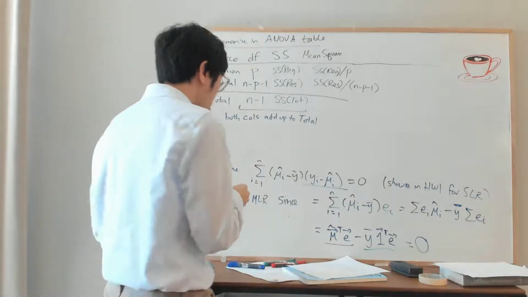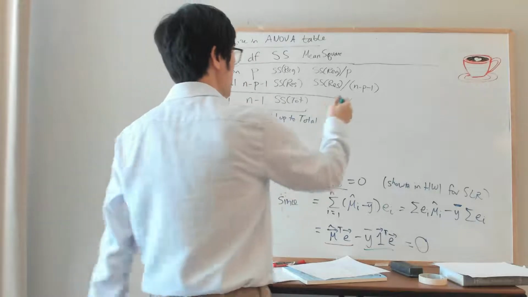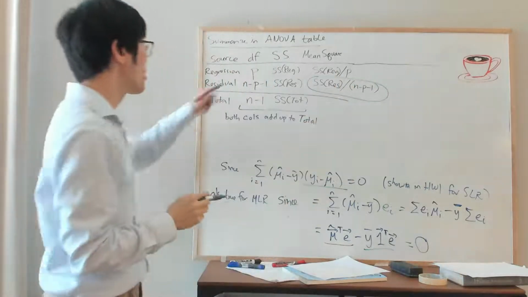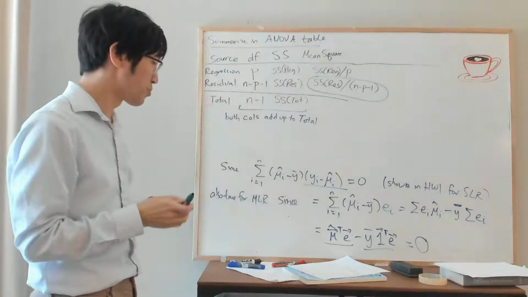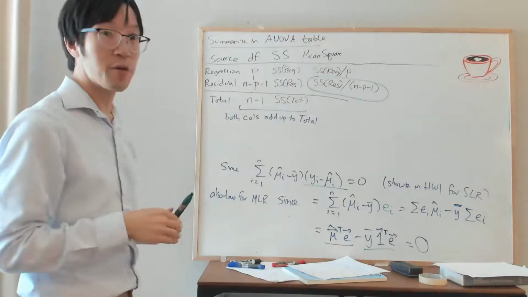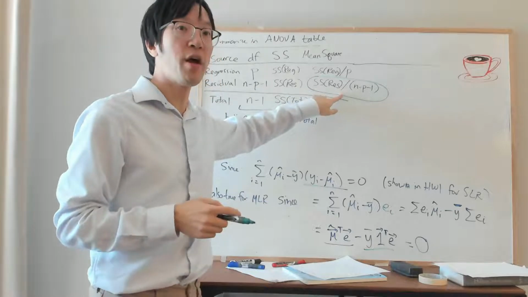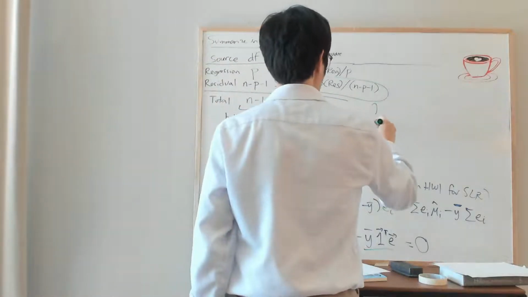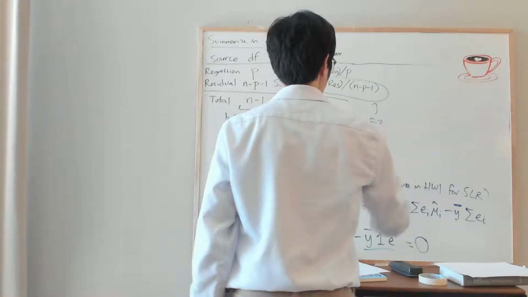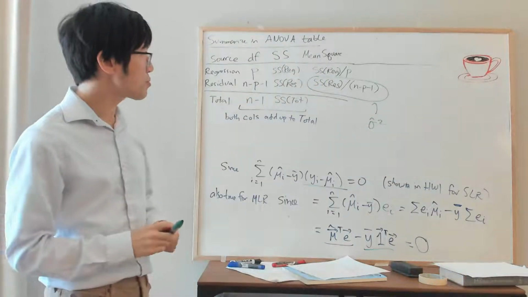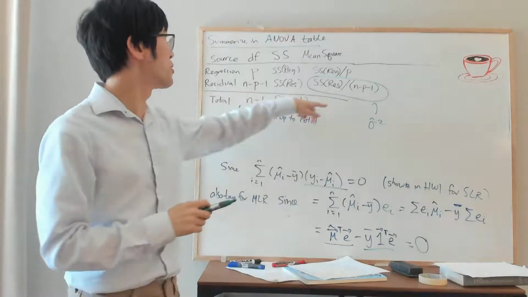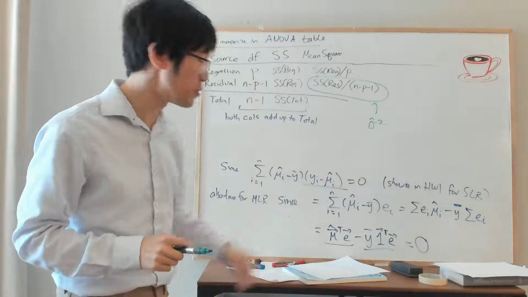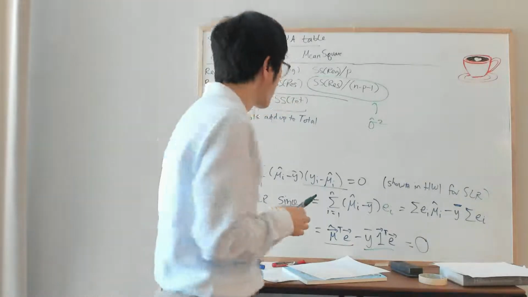Okay, and I do want to point out that this quantity we've actually already seen before. The mean square residual, we've already seen. So what is this quantity? This is in fact our estimate for sigma squared. So this is sigma squared hat. This part of the ANOVA table is actually a quantity we've already seen. It's our estimate of the residual variance.